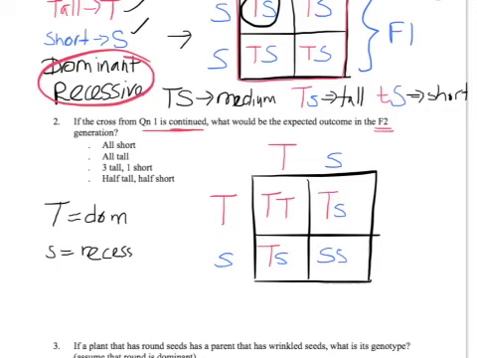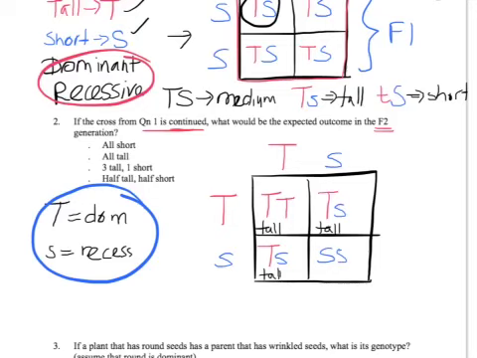Okay, so now because I've given you this information, it's easy for me to tell you what the plants are going to look like. This one's going to be tall, this one's going to be tall, this one's going to be tall, and we have the shorties here. So that's how it's going to be.